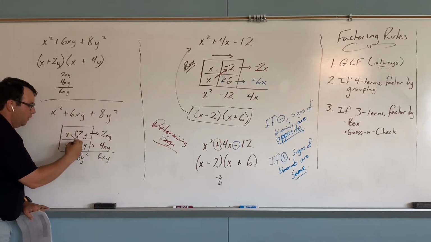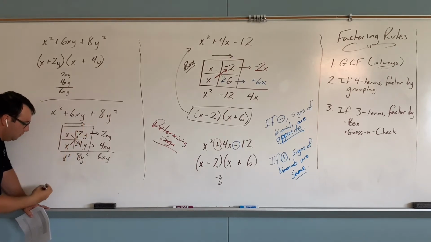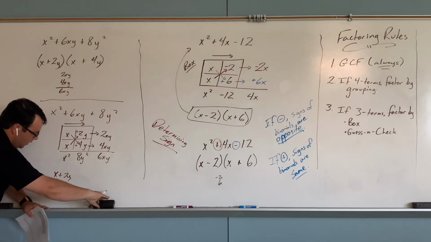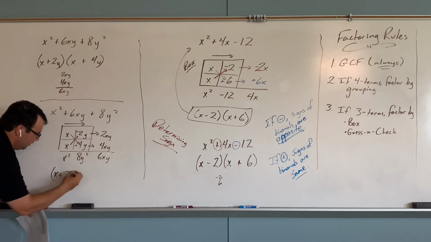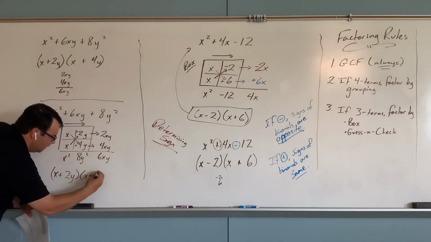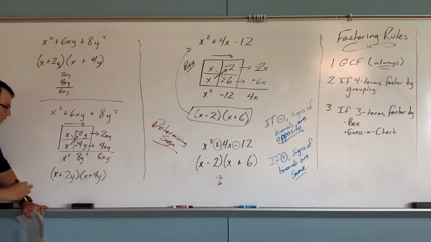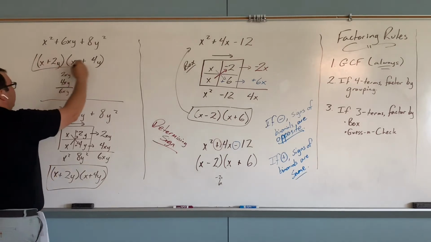Therefore, because these are both positive, from left to right as I read this box, I have x plus 2y. It might help if I could write. So x plus 2y, x plus 4y. And that is it. Now notice, these are exactly the same.